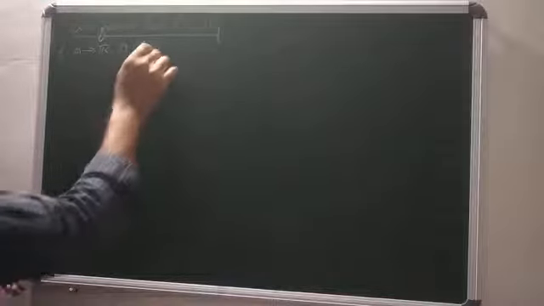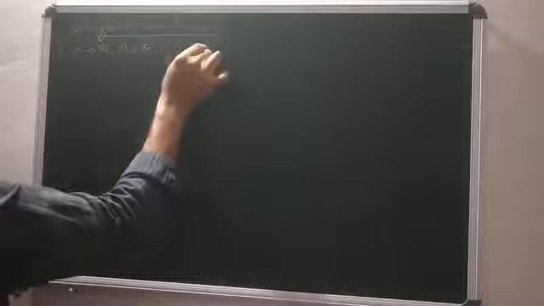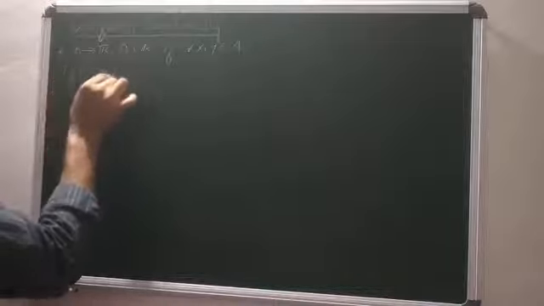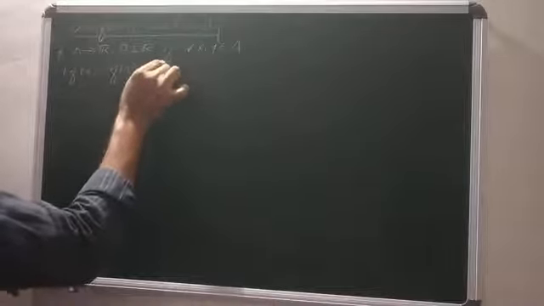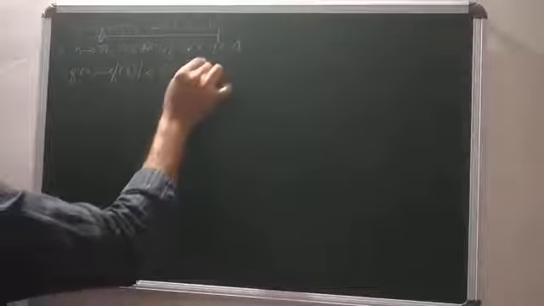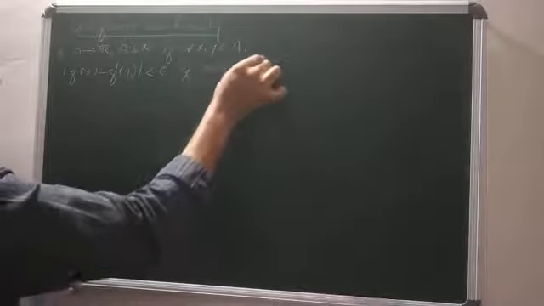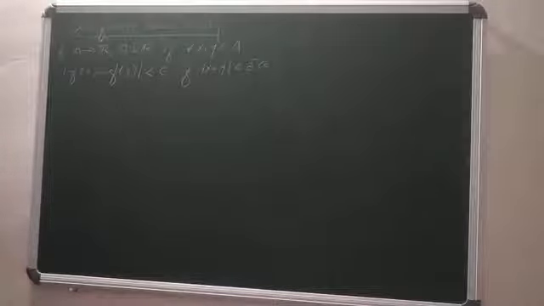In the previous class we were discussing the uniform continuity of a function. We know that a function f from A to R, where A is a subset of R, is said to be uniformly continuous on A if for all x, y in A, modulus of f(x) minus f(y) is strictly less than epsilon, provided modulus of x minus y is less than some delta of epsilon, or simply some delta.